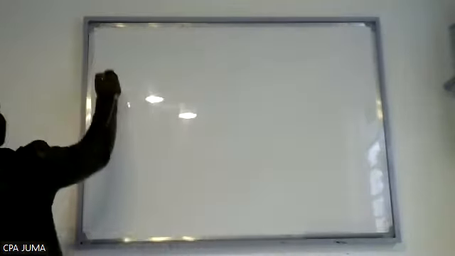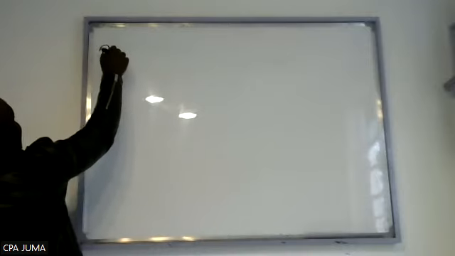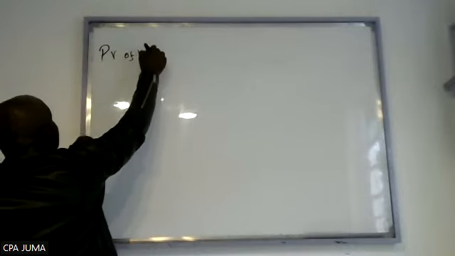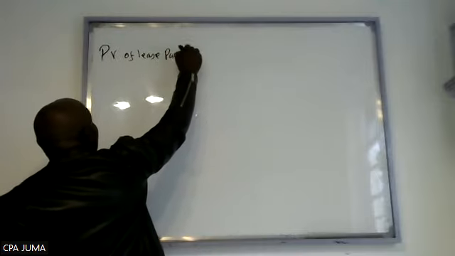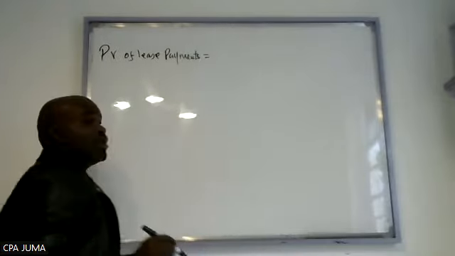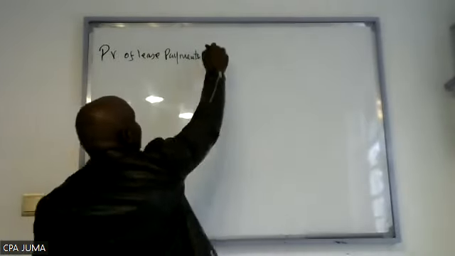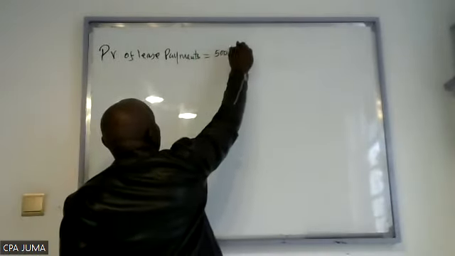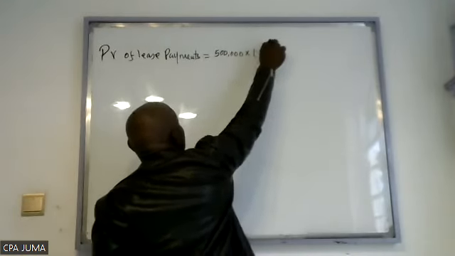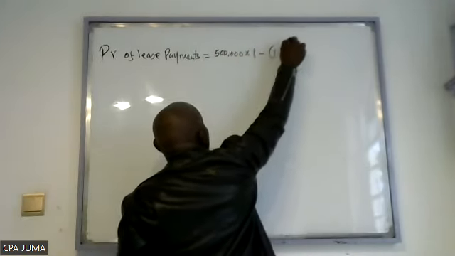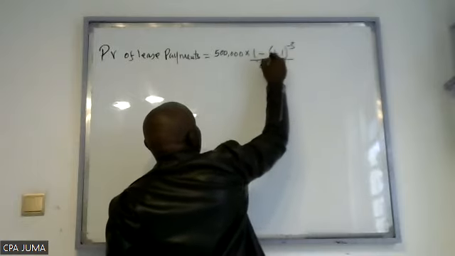In this case, we don't have the fair value. We have only been given the installments. So can you get the present value of those installments? Present value of lease payments will be 500 times 1 minus 1.1 to the power negative 3, divided by 0.1.